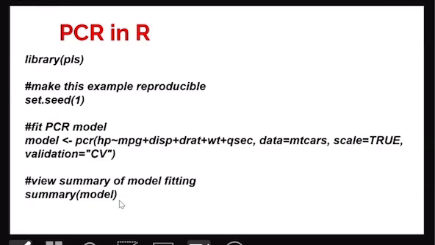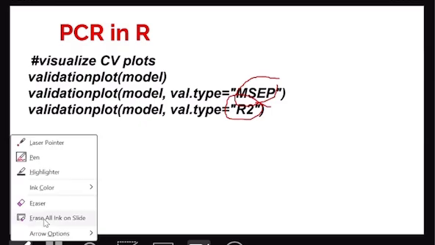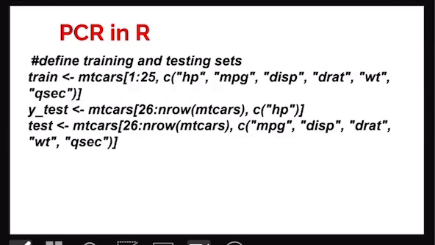Then you do the model summary. Not only that, you can visualize your model based on mean square error of prediction and based on R squared. After you are done selecting the best model, go ahead and make a prediction.